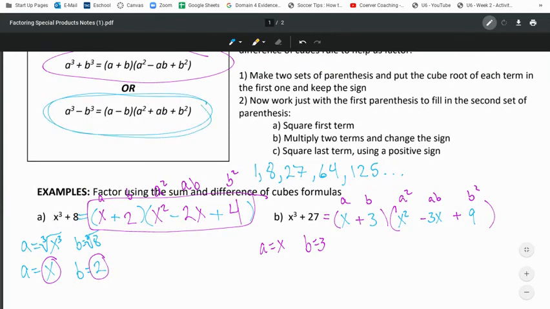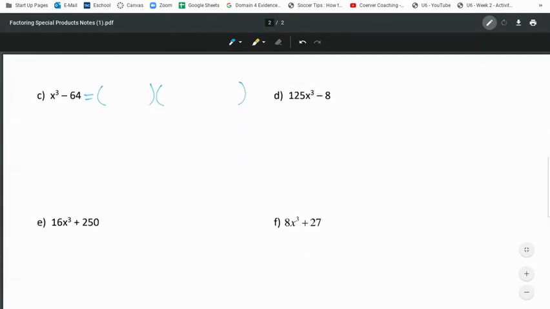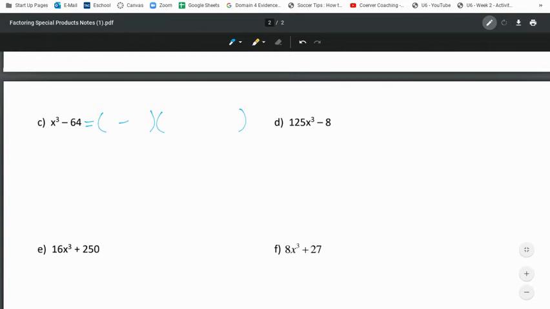So now I have minus, plus, plus. The only thing that changes are my signs. This is still going to be A, that's still going to be B, A squared, AB, and B squared. The only thing that changed with the subtraction is the signs. Those two signs just switched.